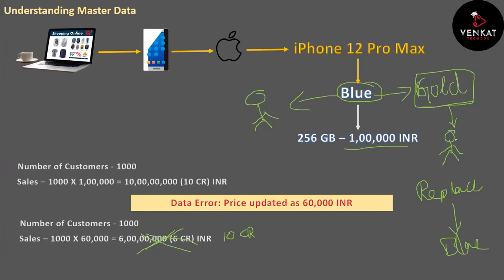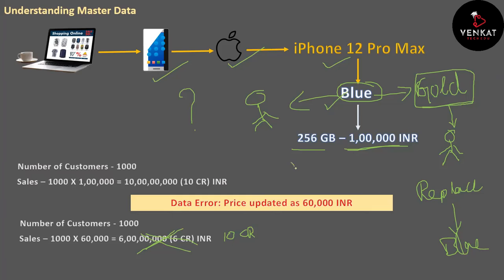So here the thing is, the data error can occur at any place. It can be at a pricing, or it can be at a memory size, or it can be at a color or model or brand or category, whatever it may be. But the overall organization's profit or loss depends on where the data error occurs.